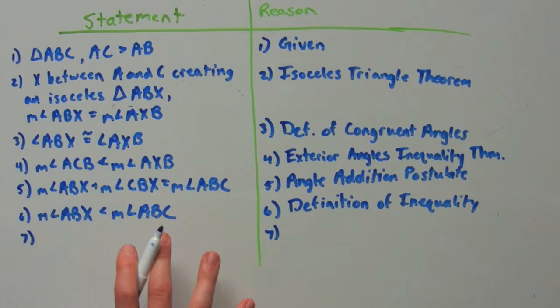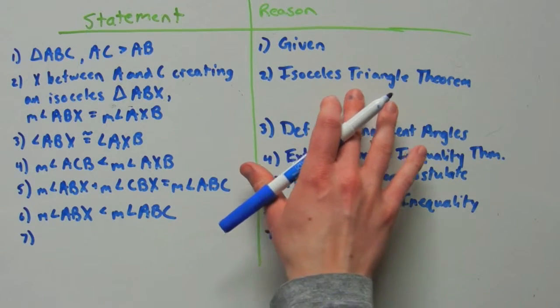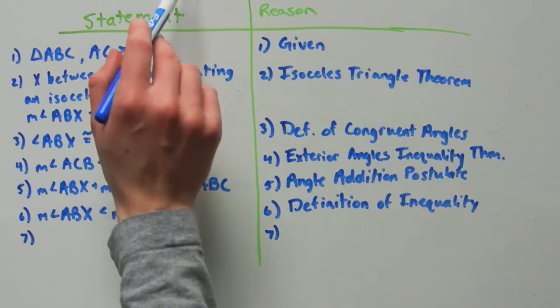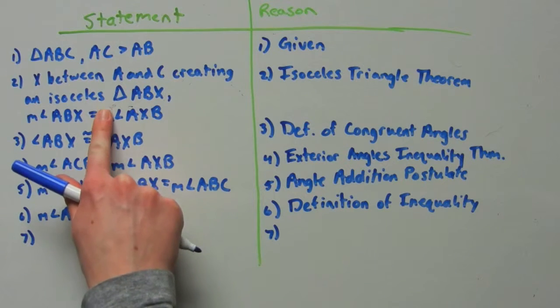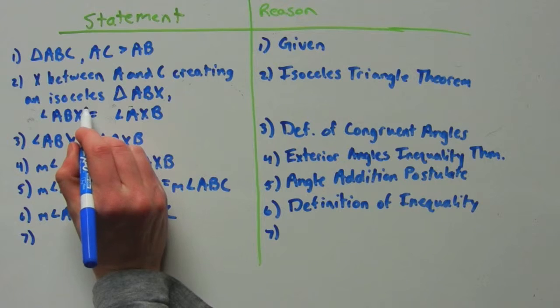Before we move on, I noticed an error in my proof. So let's correct that together. The isosceles triangle theorem says that the angles opposite the congruent sides are also congruent. So I can't say, even though I know that those measurements are equal, I cannot say that they're equal yet.